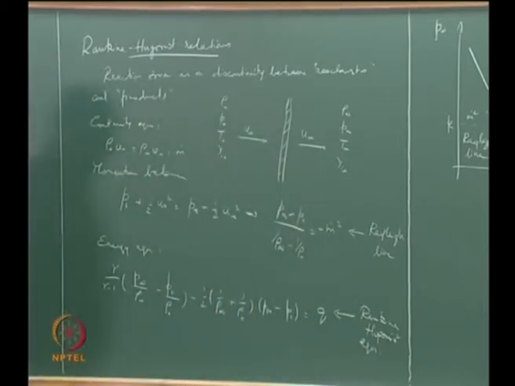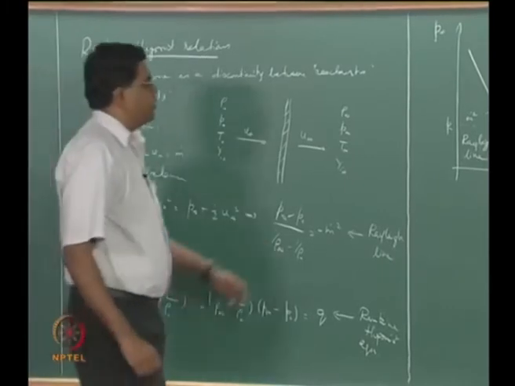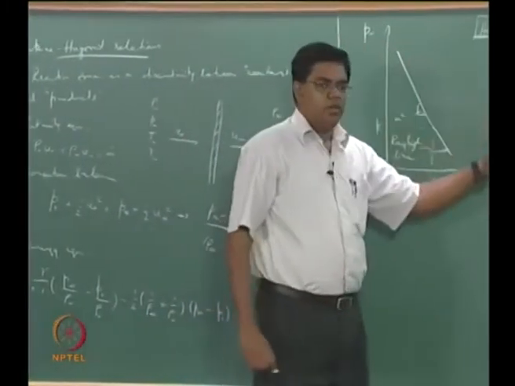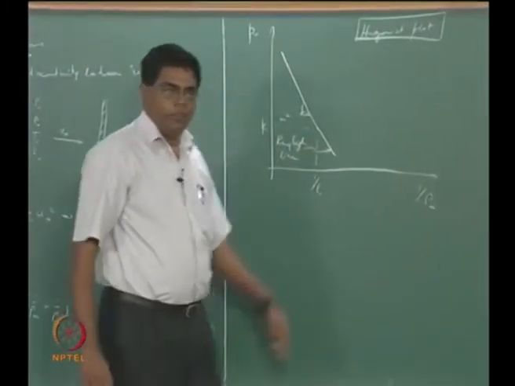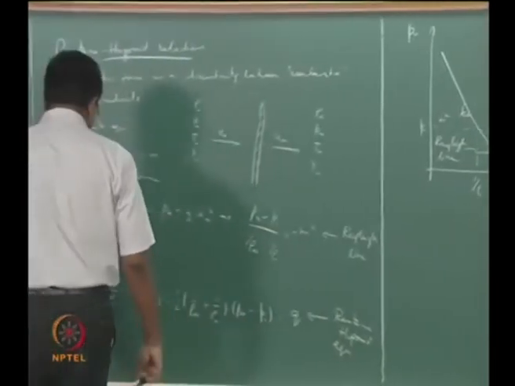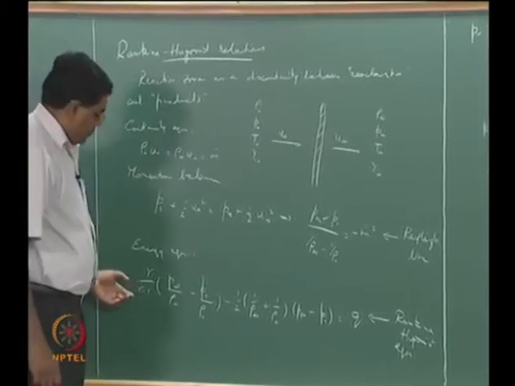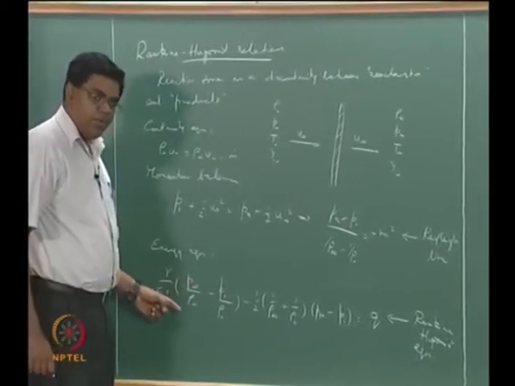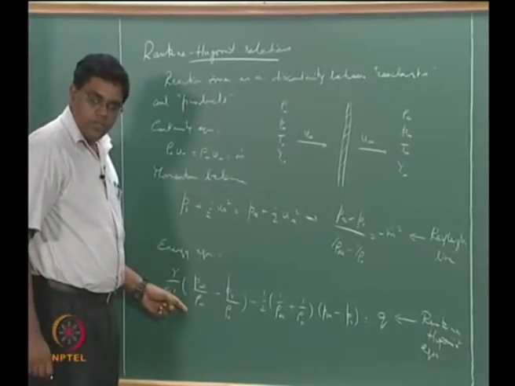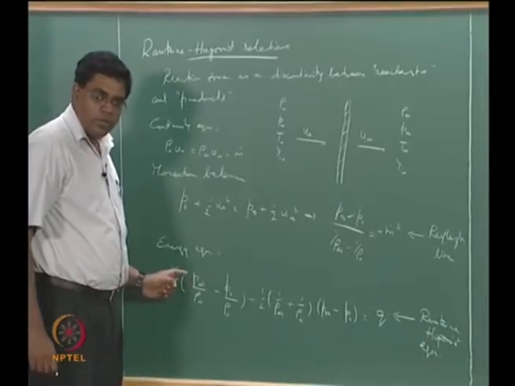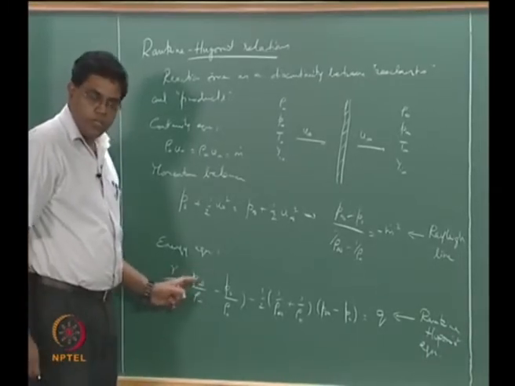So how do you look at this curve in the Hugoniot plot? The Hugoniot plot is a domain of P infinity with 1 over rho infinity. You now have a coefficient gamma over gamma minus 1 times P infinity divided by rho infinity. So this is itself a product of P infinity and 1 over rho infinity, right?